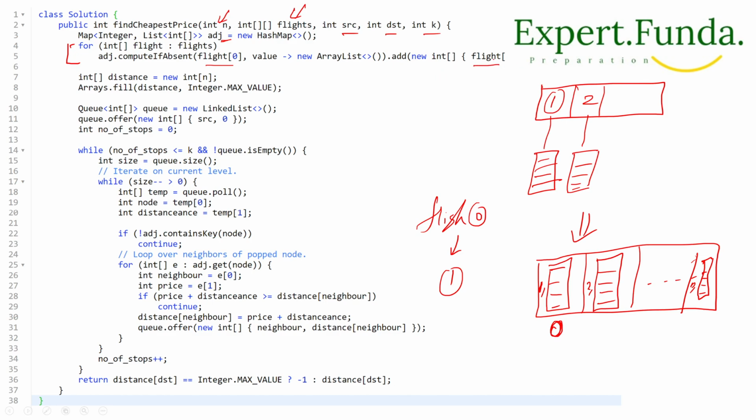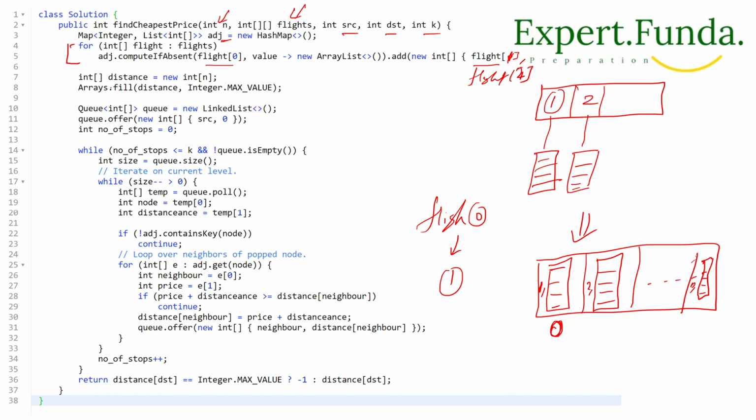I think we have to take it back, so it will become flight 0 and then flight 1, we can take 1 and 2, you can say. What will happen if there is no flight? It will update its value. Okay, let me check.